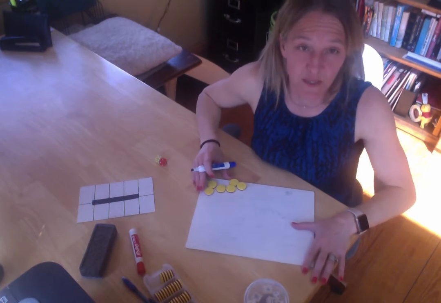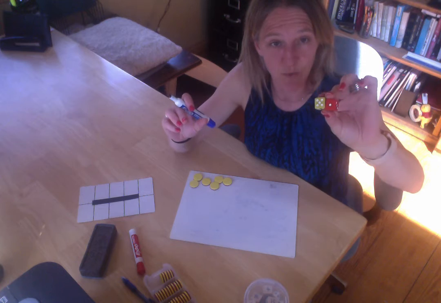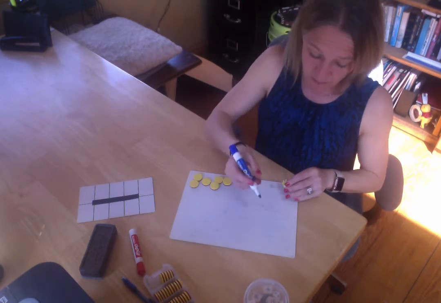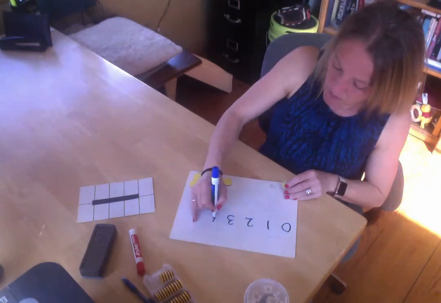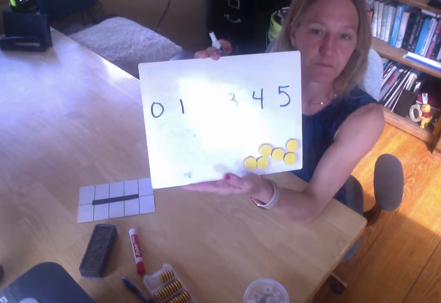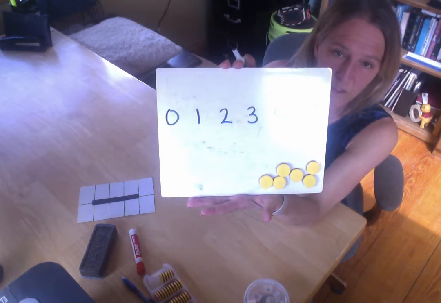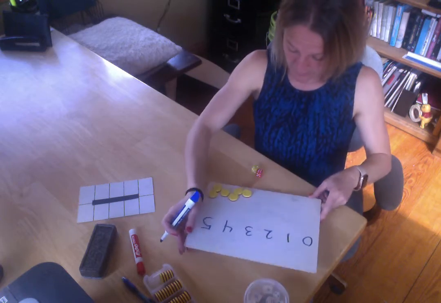So very similar to the game that we did with addition, we can play a subtraction game with 2 dice. Okay, but this time the numbers are only going to be 0, 1, 2, 3, 4, and 5. And here's why.